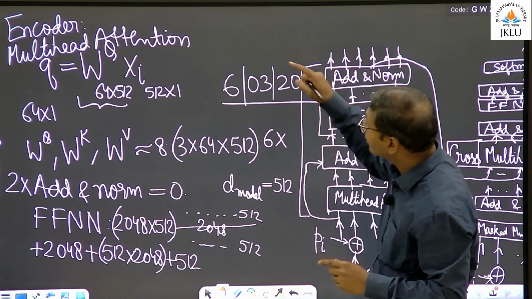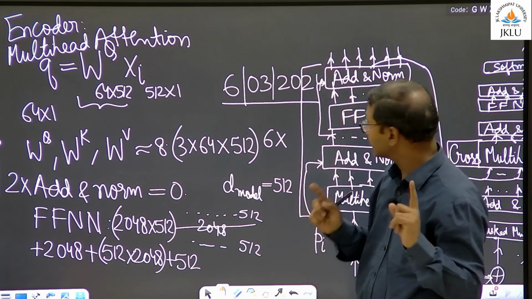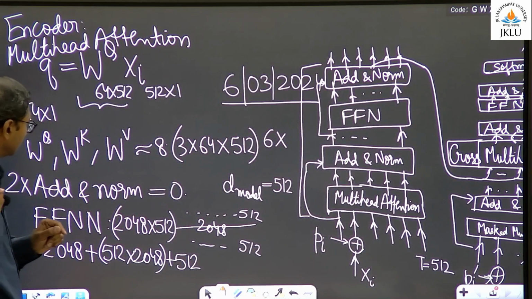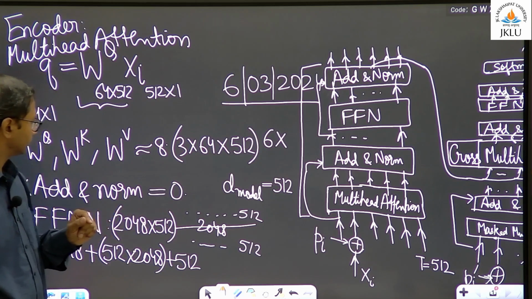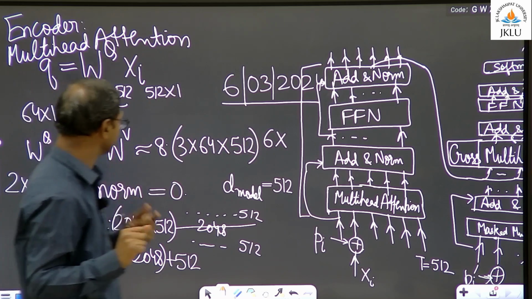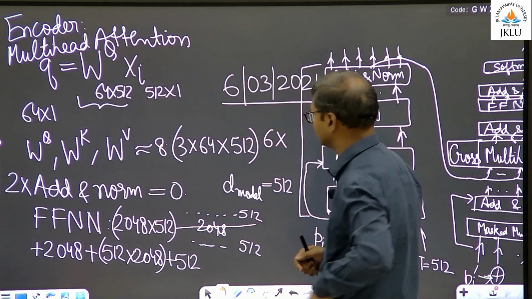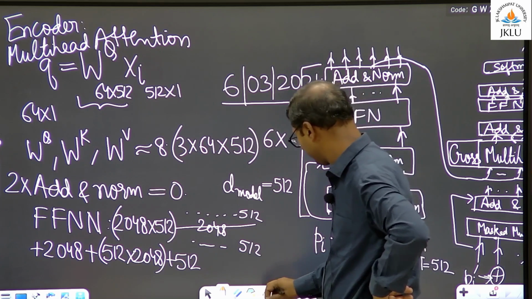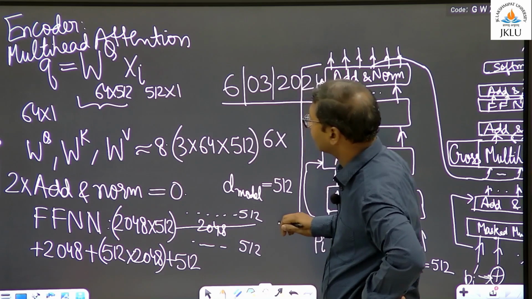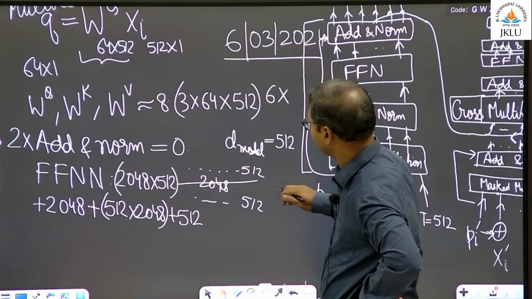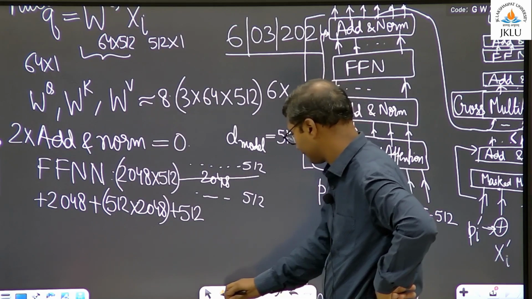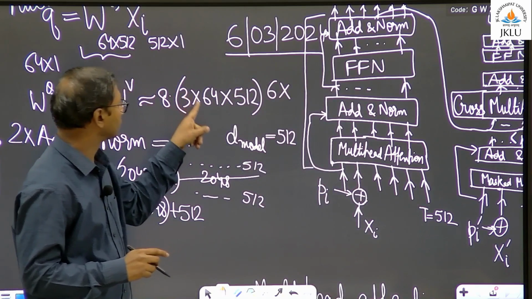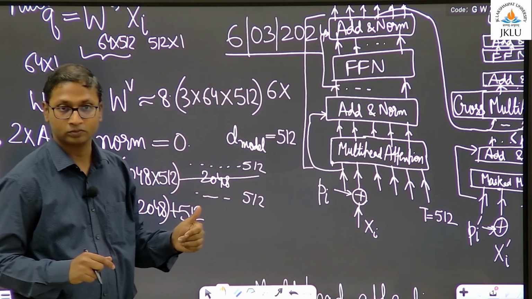So, what is the total number of parameters in a single encoder? Can somebody multiply this for me? Use a calculator. So, this is going to be 8 into 3 into 64 into 512.